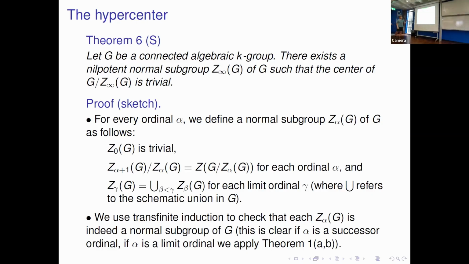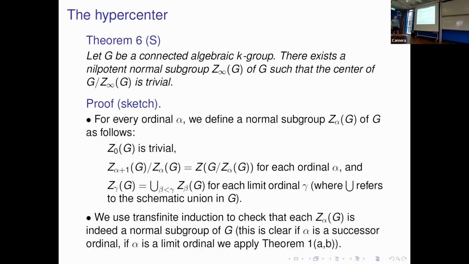So I want to define a normal subgroup for every ordinal in an inductive way as follows. The zeroth center is the trivial group.